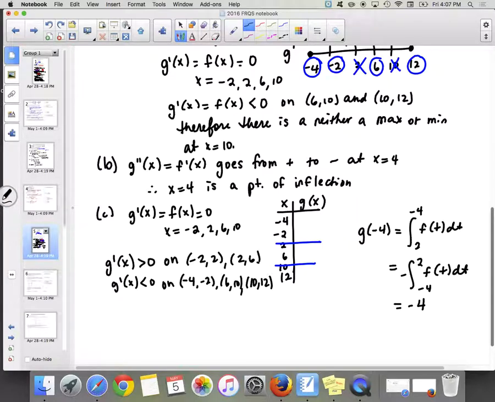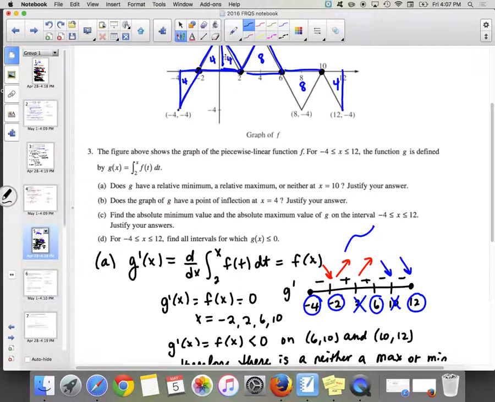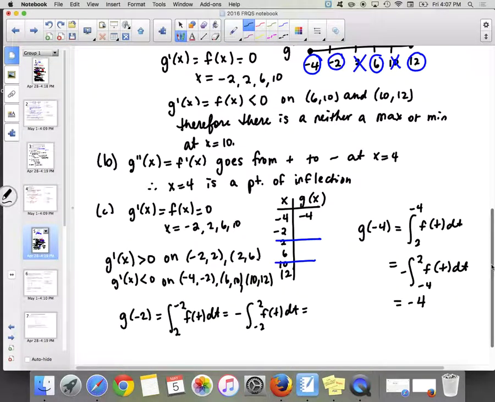Okay, so g of -4 is going to be -4, and then we go through the same process for each of the others. So if I find g of -2, well, that's the integral from 2 to -2 of f of t dt, which is going to be -2 to 2 f of t dt. Which if you go up here, -2 to 2 is going to be 8, so I get -8. And then 6 ends up being 8, you can find that, and 12 ends up being -4.